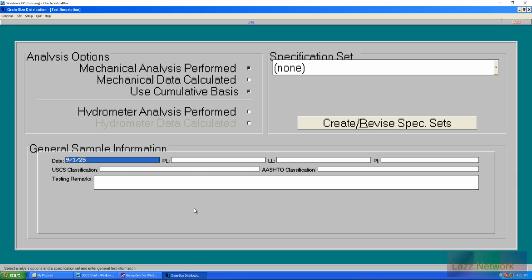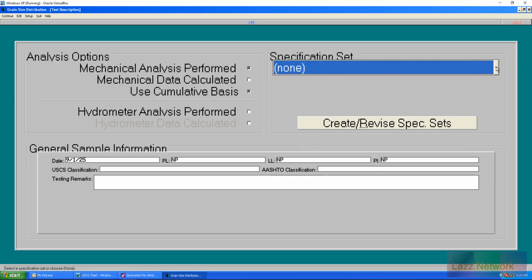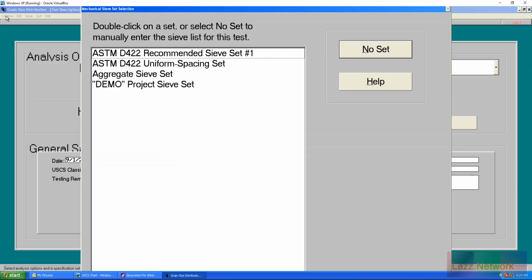For this example, no Atterberg limits were done, so we can just say it's non-plastic. I don't need a specification set. All right, so let's continue.